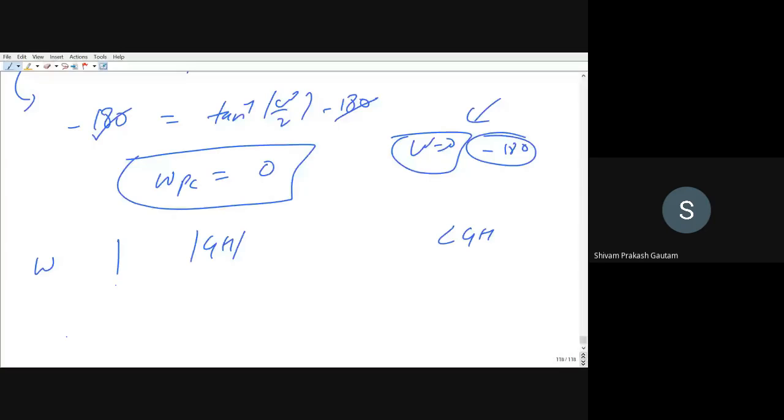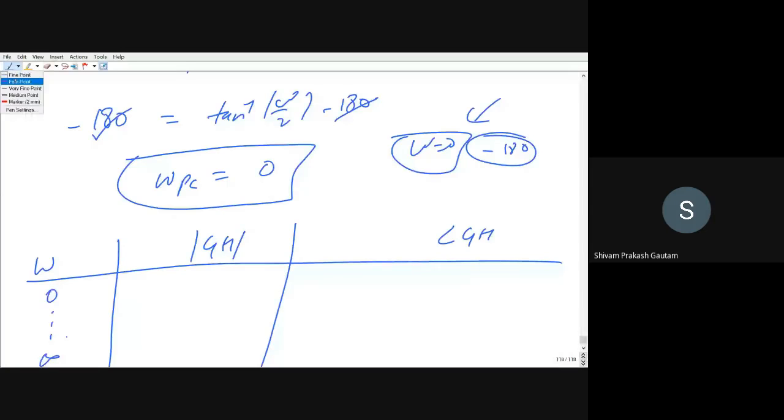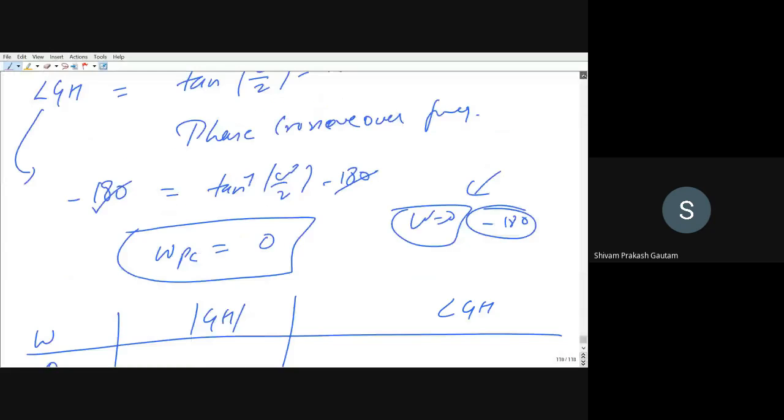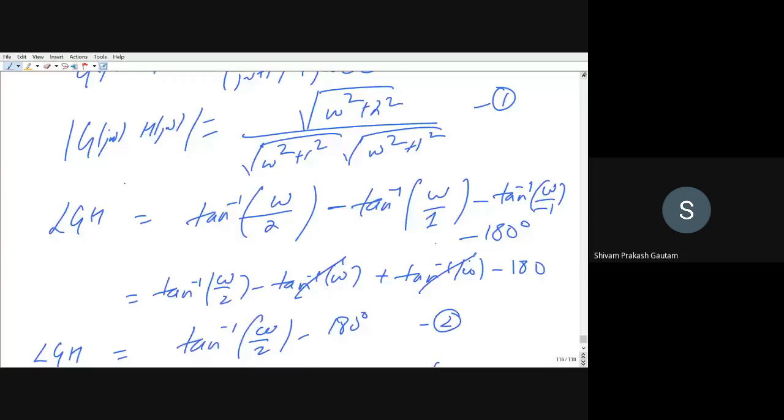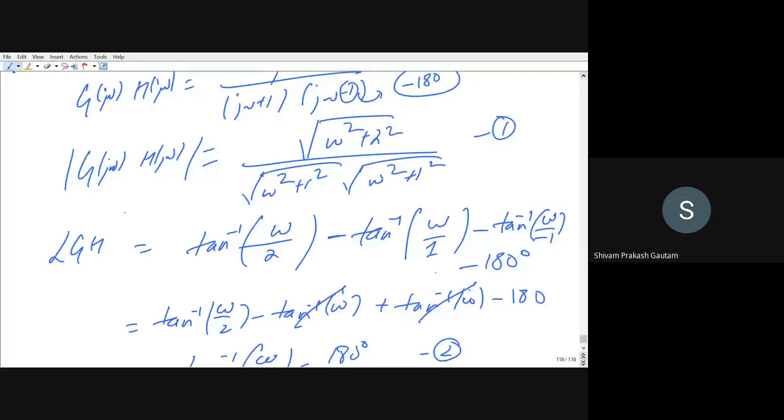So at omega equal to 0, what is the magnitude? Look at equation number 1, put omega equal to 0 and tell me what will be the magnitude. Substitute omega equal to 0 in equation number 1.